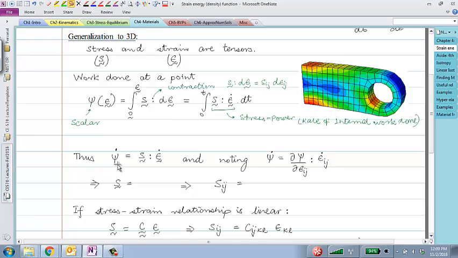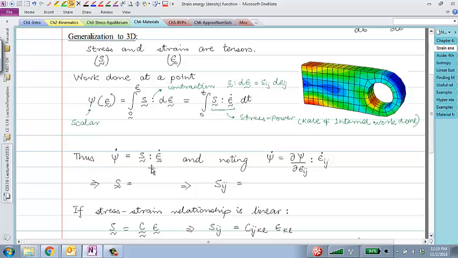But okay. So what that tells me is, if I take the derivative of this function with respect to time, this is phi dot, d phi dt, that would basically just take out this integral, and what I would have left would be the stress power.